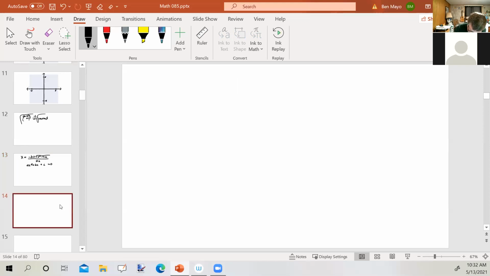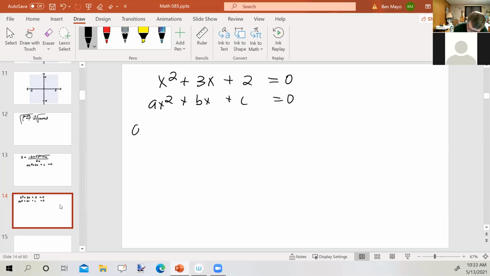Let's say we have the equation x squared plus 3x plus 2 equals 0. That is already in the form ax squared plus bx plus c equals 0. So in this case, a equals 1. Keep in mind there's an implied 1 coefficient in front of the x squared. b is 3, and c equals 2.